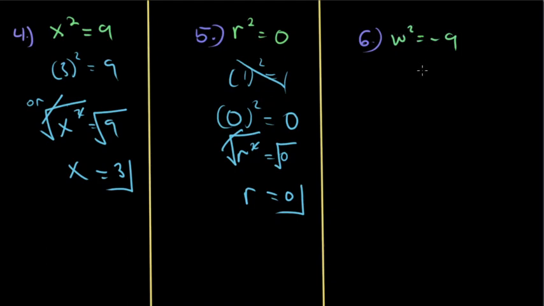Isip muna tayo. Trial and error. Well, ang alam lang natin is if I multiply 3 by itself, magiging 9. Kaso, hindi negative. What I'm looking for is a number that if I raise to 2, if I multiply by itself, will be negative 9.